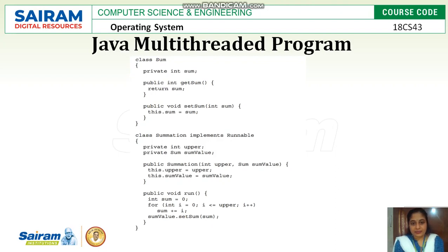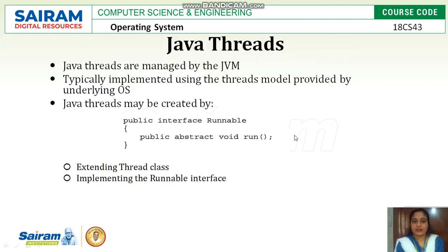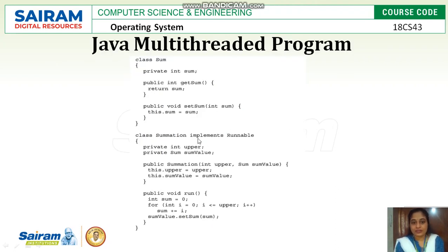So class Summation implements Runnable. See here, with Java we have public interface Runnable. So with implements Runnable, we are creating a class called Summation, which is now capable of creating threads.